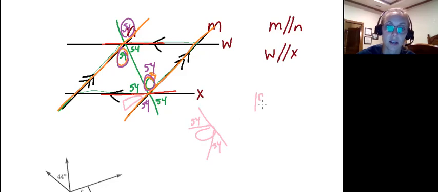So the straight line is 180 minus a 54 and a 54, which is 108. Then we have 72 left. Yeah, 180 minus 108 is 72. So then this right here would have been 72.